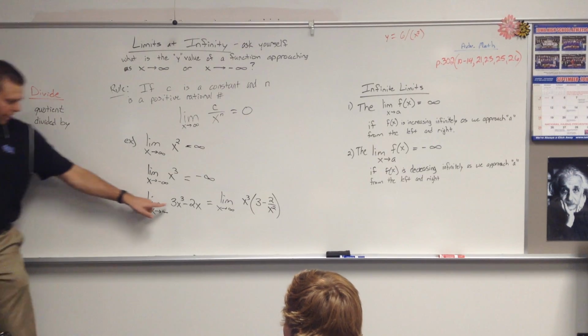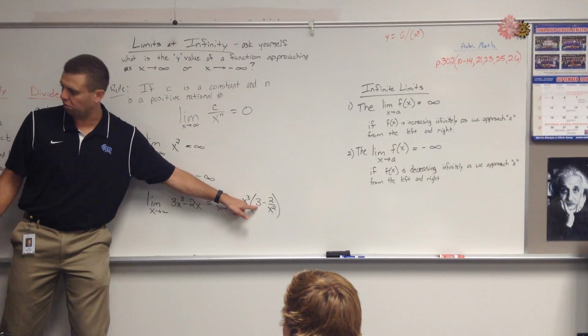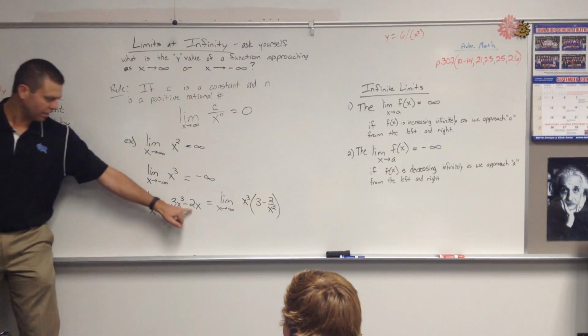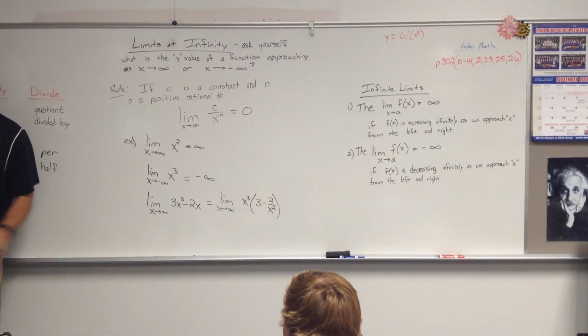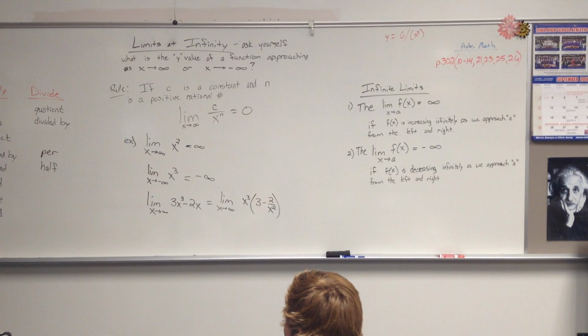When I divide 3x cubed by x cubed, I just get 3, right? When I divide 2x by x cubed, I get 2 over x squared. Everybody good with that? I'm just showing you algebraically why Jack's answer is the right one. The logic behind it was perfect, but I'm going to show you how that worked.